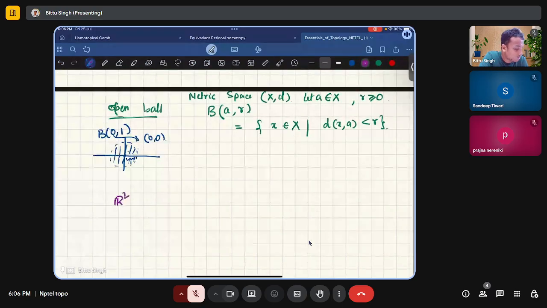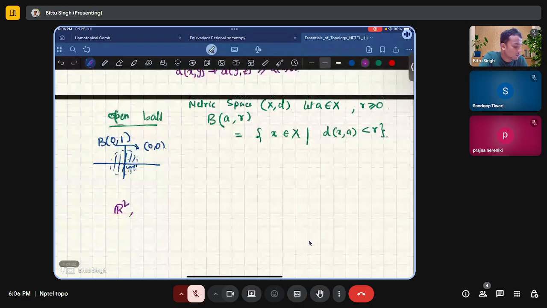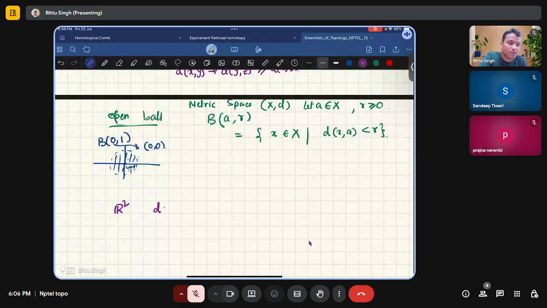Similarly, consider R2 again and define the distance like this. Between two points x and y, suppose x is x1 comma x2 and y is y1 comma y2. Define the distance by mod of x1 minus y1 plus mod of x2 minus y2.